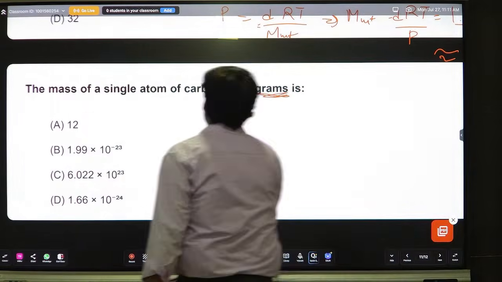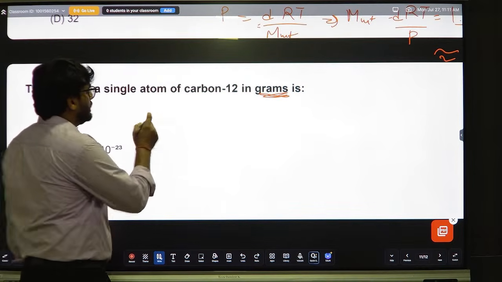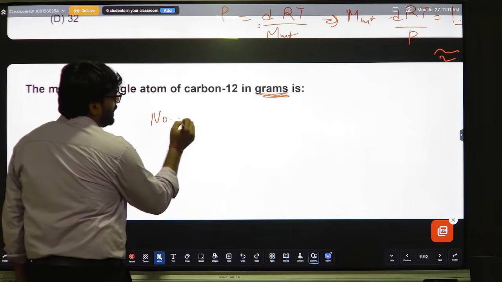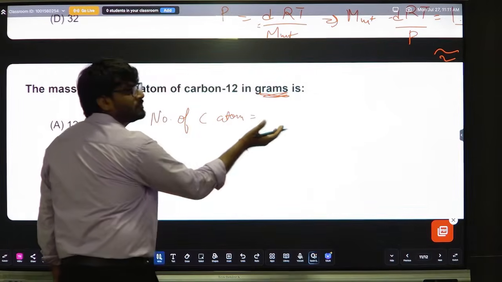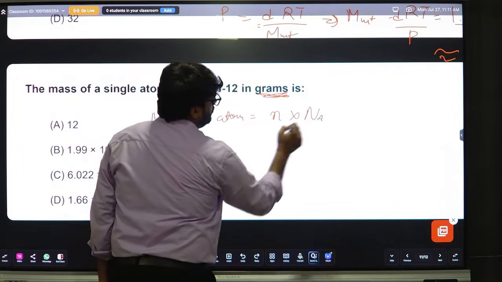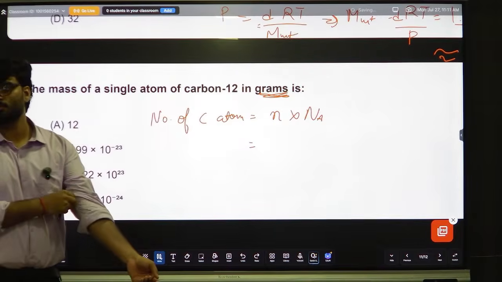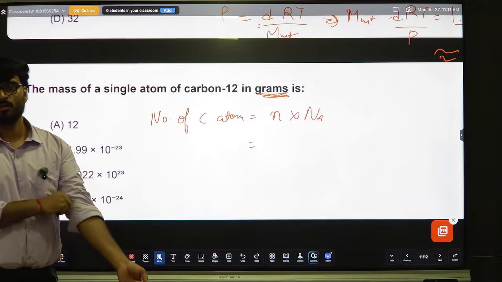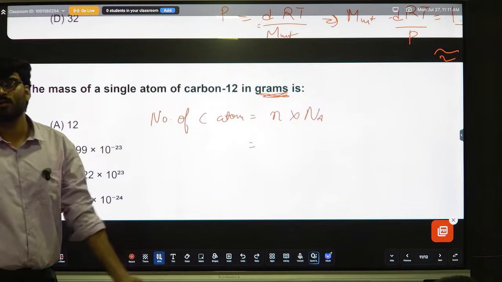Okay, I'll solve it. Everyone please see the board and tell me what I should do. Number of carbon atoms is equal to n into... When I say please see the board, solve with me. You have to tell me because I don't know anything.